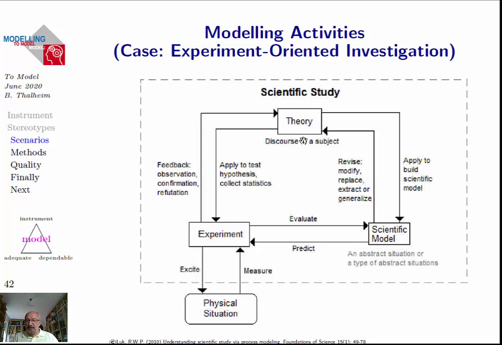In general, we are applying this to test hypotheses or to collect statistics, and we get a feedback for our theory based on our situation. And we measure and somehow have a means to express what is the physical situation. That looks again like our human heart approach.